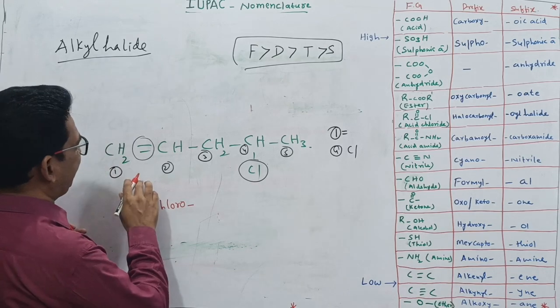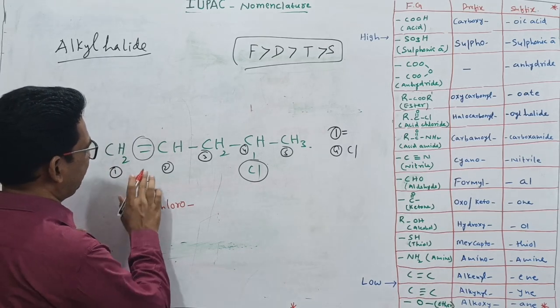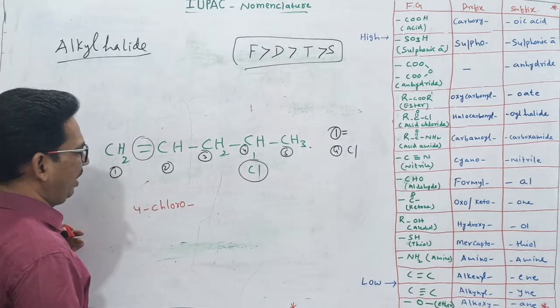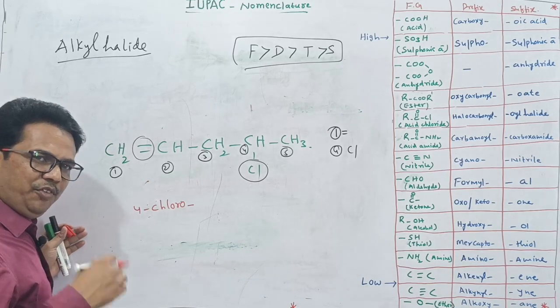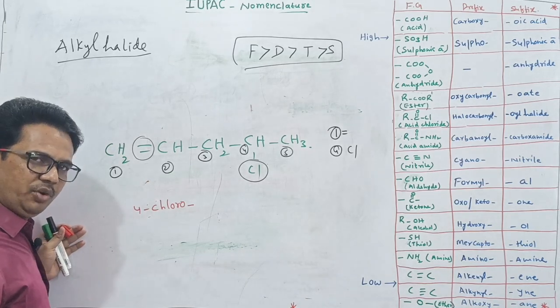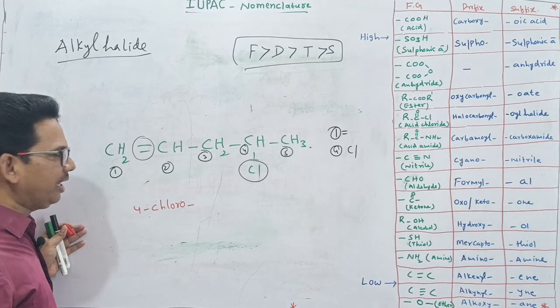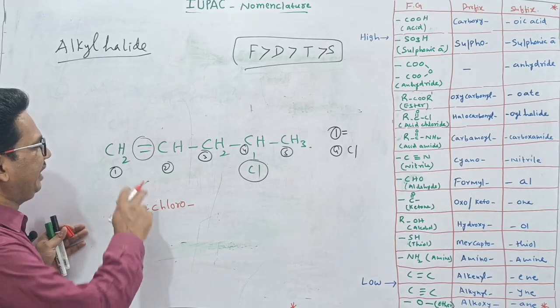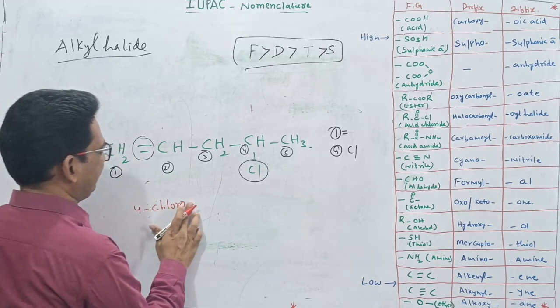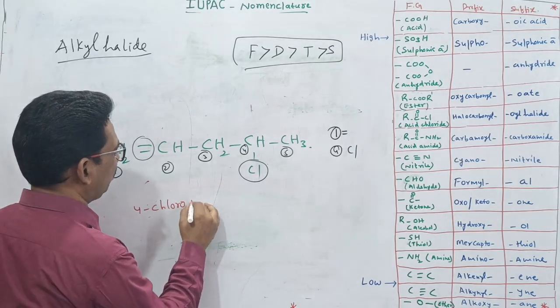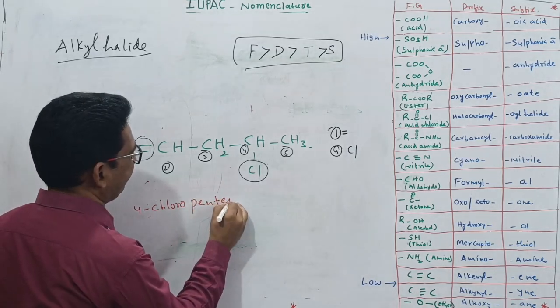Then first position, what is there? Double bond is there. If you mention the number, it's okay. If you don't mention the number also, it is okay, because the more priority one is at the first position. That's why I will write 4-chloropentene.